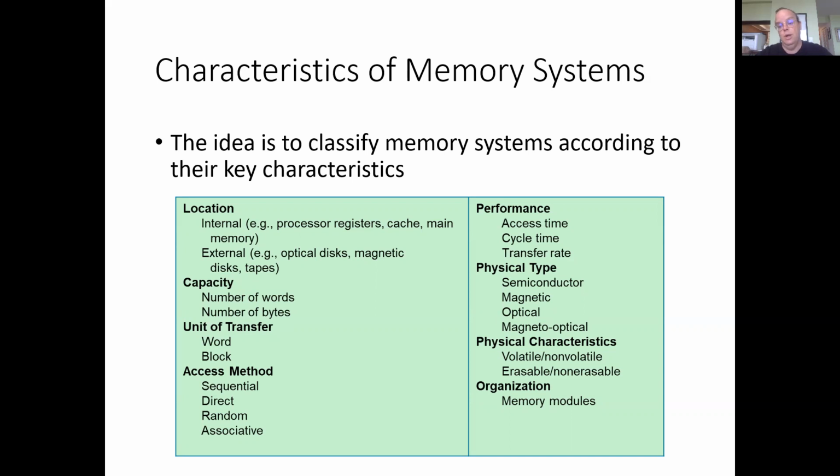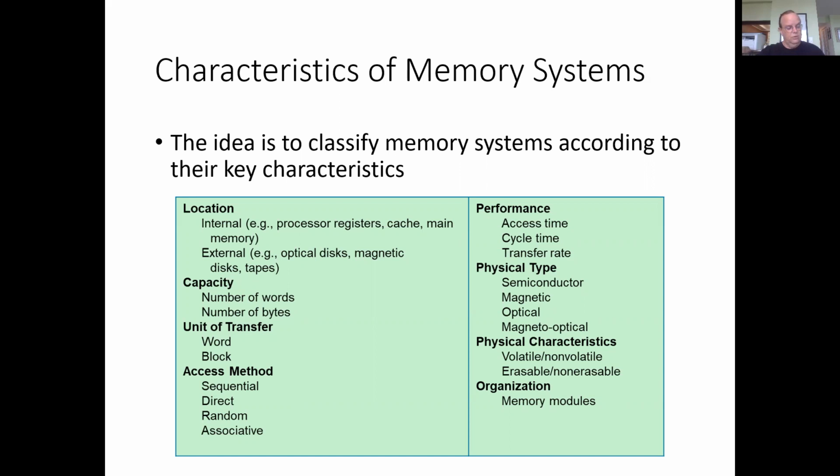And then the physical type: is it semiconductor, magnetic, optical, or magneto-optical? And physical characteristics: is it volatile, meaning does it go away when the power gets shut off, or non-volatile, staying there even afterwards? Is it erasable or non-erasable? And how do we organize things?